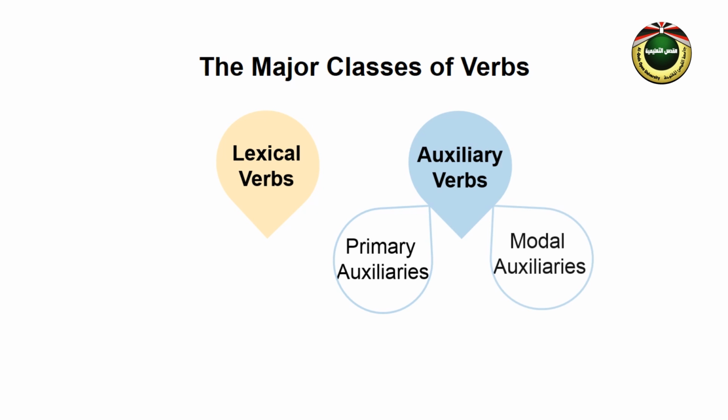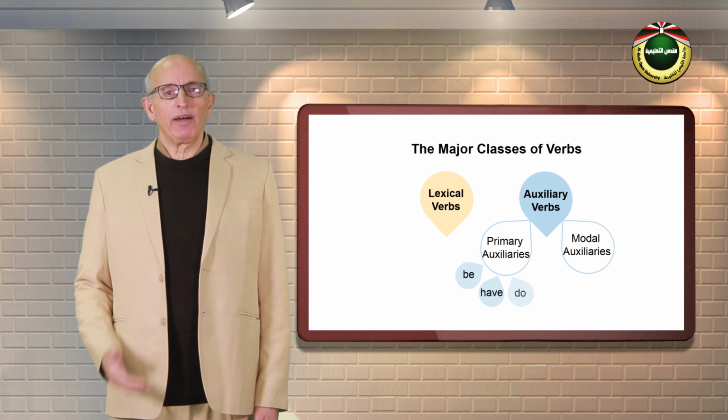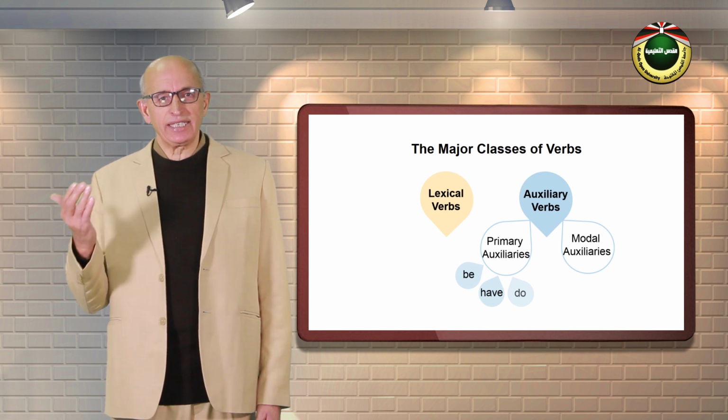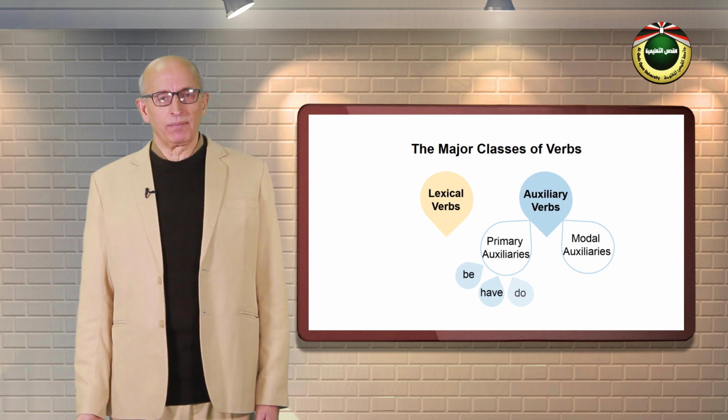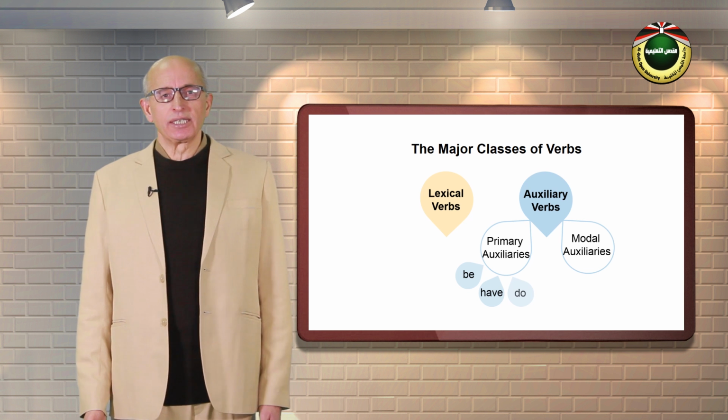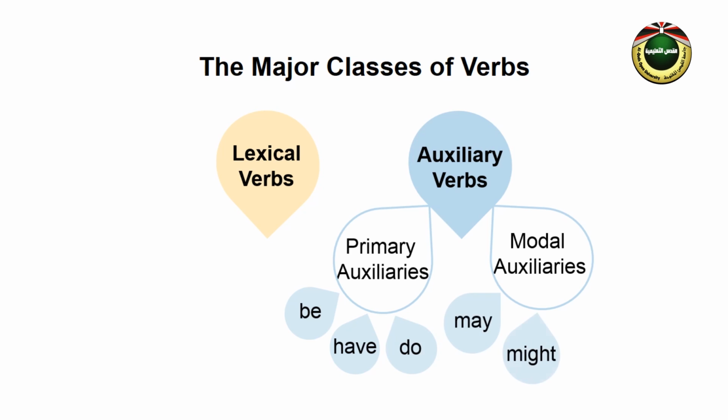In English, there are 3 primary auxiliaries which are be, have, and do. And we have discussed their various functions. We have also pointed out that these primary auxiliaries can be used as lexical verbs with specific meanings. Furthermore, we have talked about modal auxiliaries such as may, might, will, would, etc.